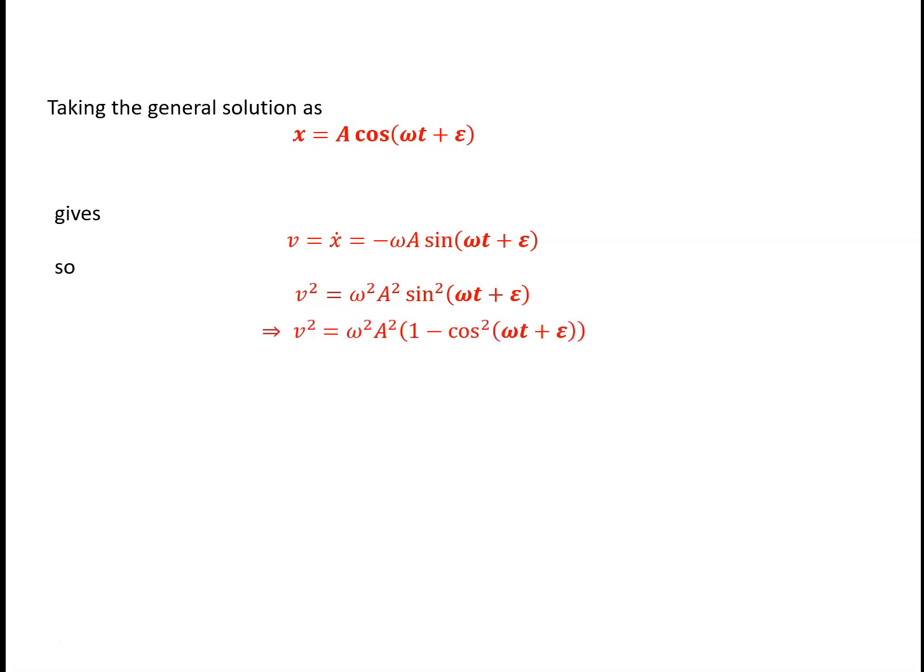But we know that sin squared is just 1 minus cos squared, so we can write v squared as being omega squared a squared times 1 minus cos squared(omega t plus epsilon).